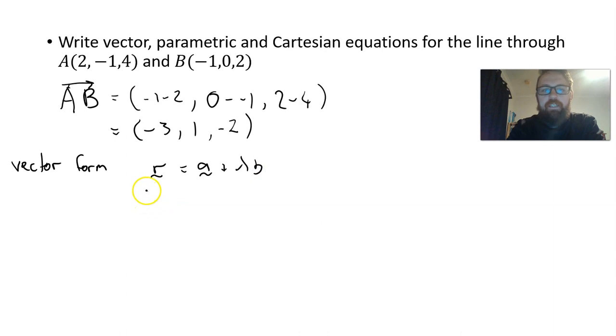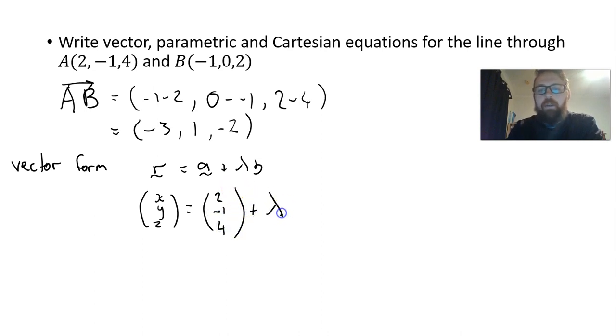Our r in this case is going to be x, y, z. For our a, we're going to use our starting position, so our actual a here, 2, -1, 4, plus lambda, which can be any number, and our b is going to be our vector, -3, 1, -2.